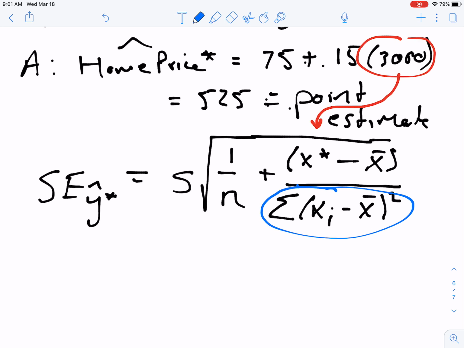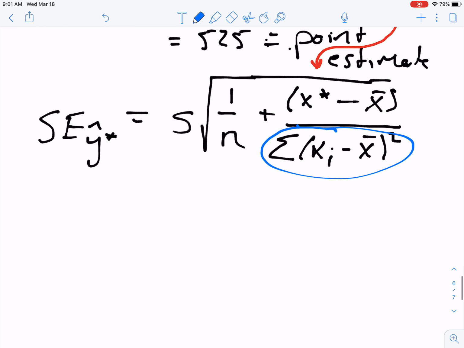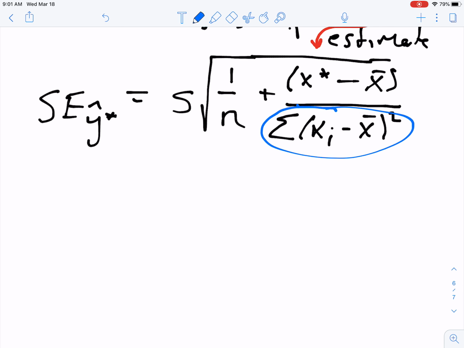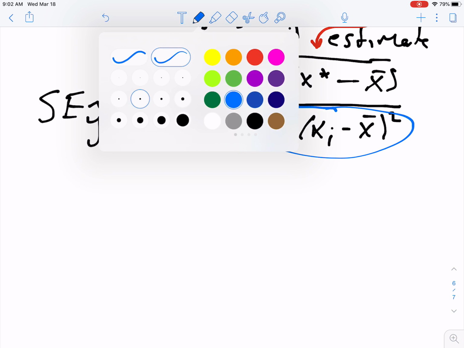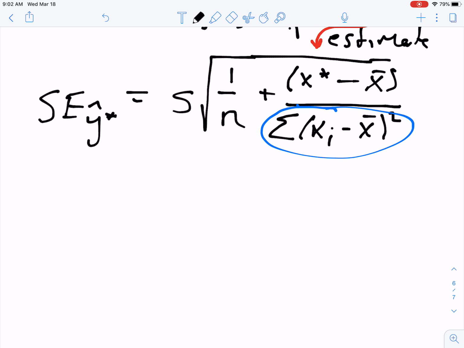So for our interval estimate, we would just go and do all these equations in Excel, and we would get our 575 minus, for the lower bound, SE y hat star.